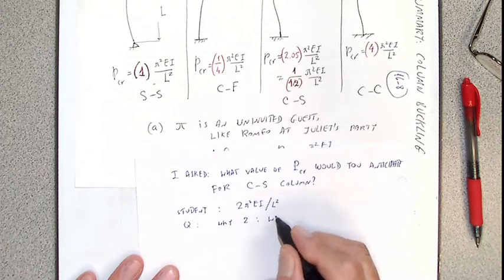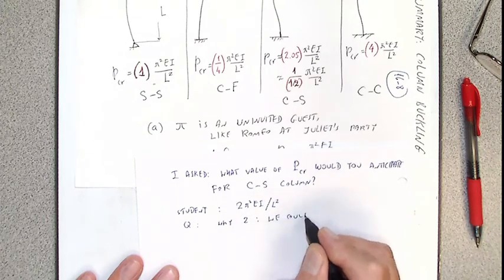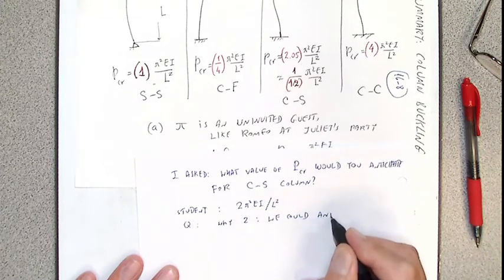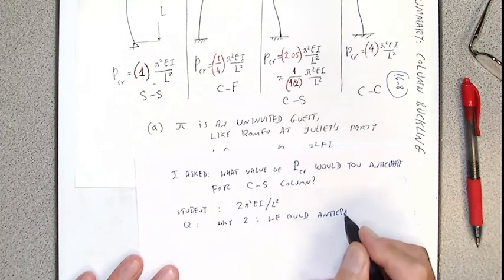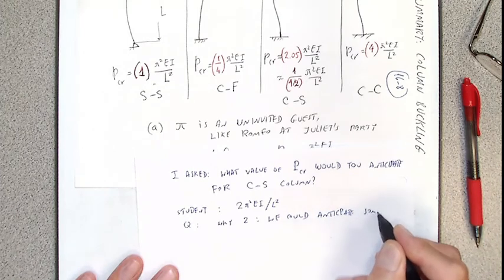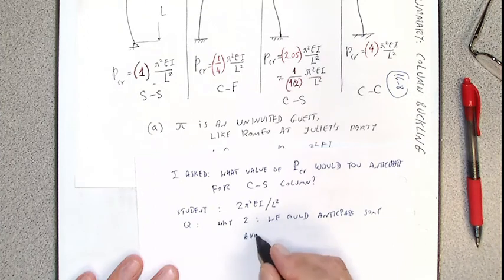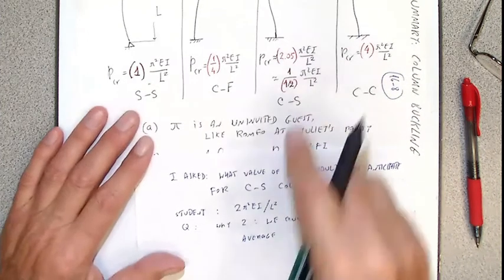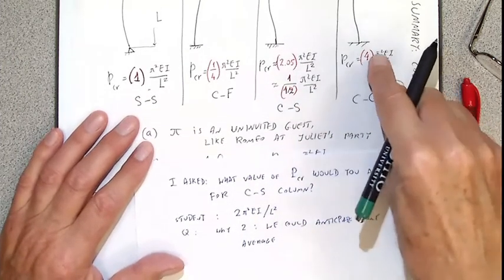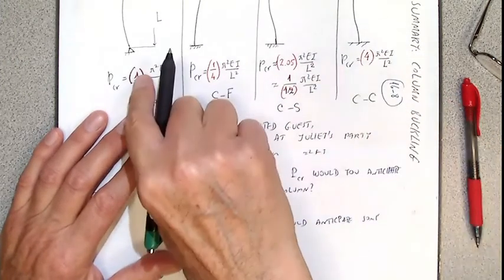We could anticipate some average. Average would be, look, in clamped beam it is 4. In simply supported it is 1.